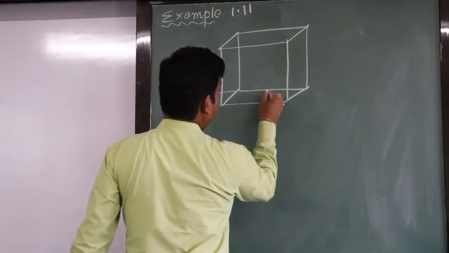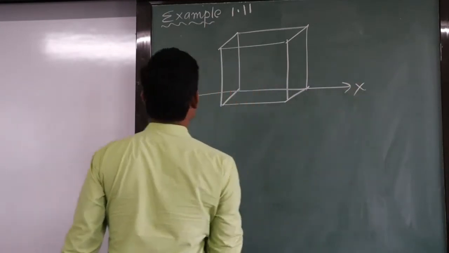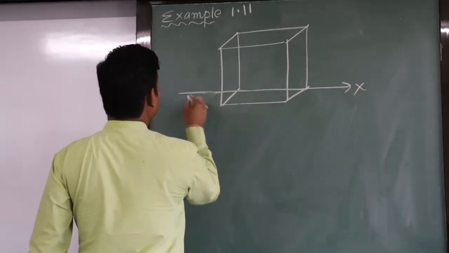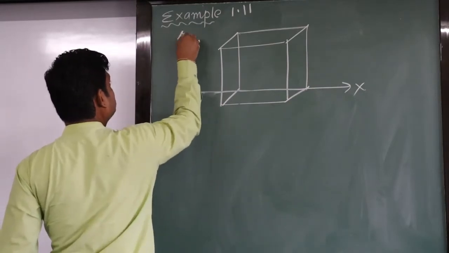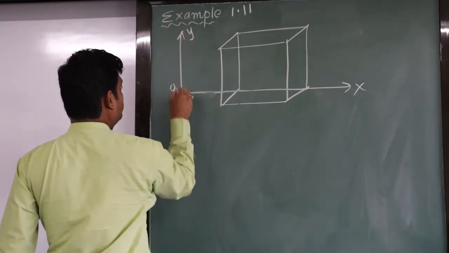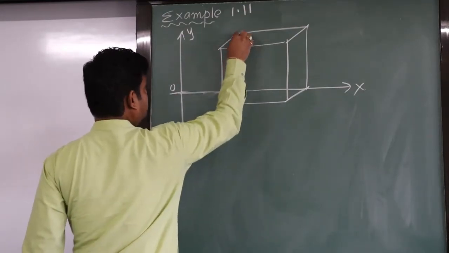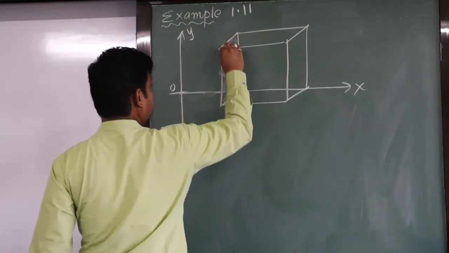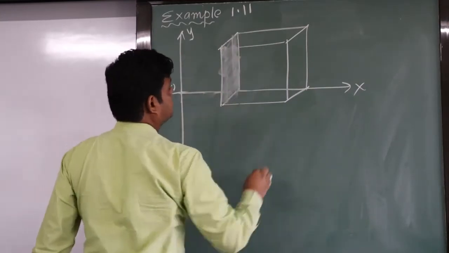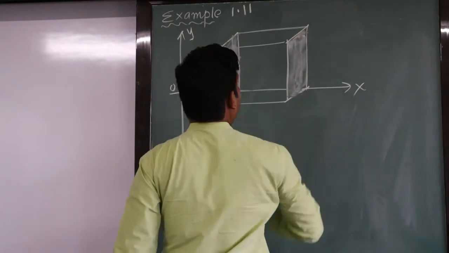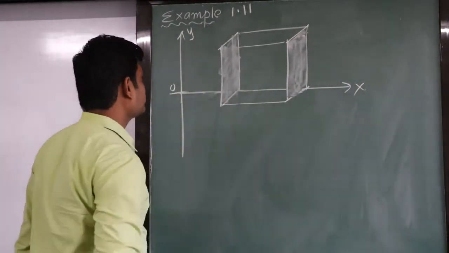So this is the xy axis, the x axis, the y axis, and the origin. This is the first face of the box. This is the second face of the box.